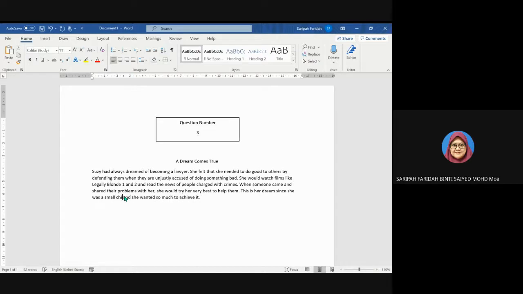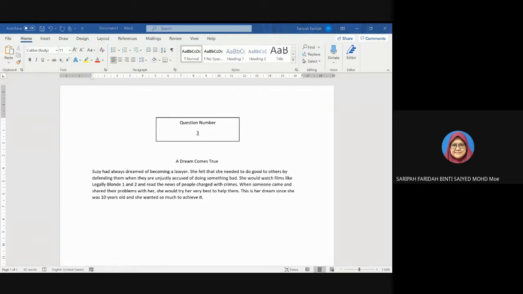Ataupun since she was 10 years old. And she wanted so much to achieve it. So, formula to get 250 words is 5 sentences, 5 lines per paragraph. 5 sentences, 5 perenggan.